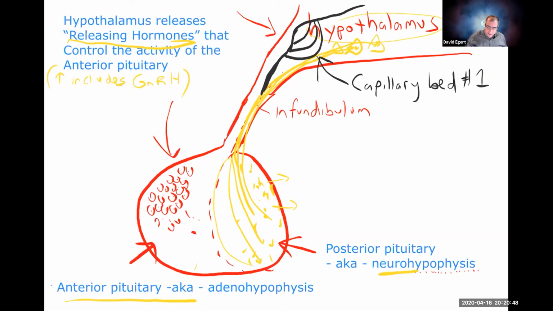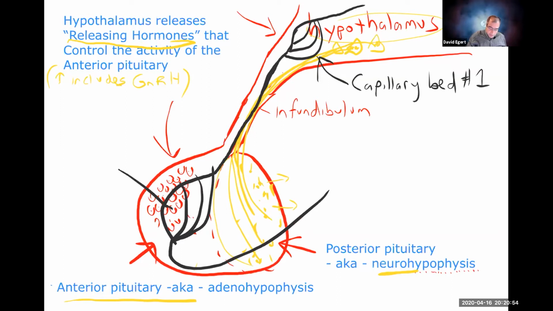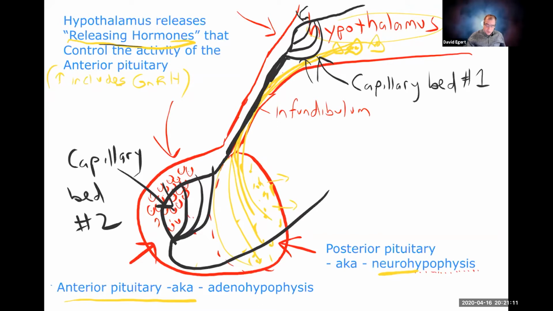And it's going to come down here, and there's going to be a capillary bed number 2 down here. So these releasing hormones can get absorbed into this capillary bed here in the hypothalamus and go a very short distance and then get delivered via capillary bed number 2 down here in the pituitary.